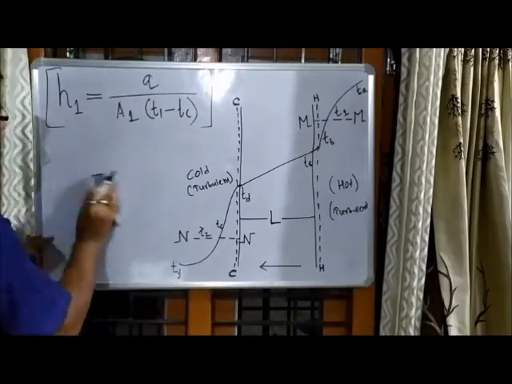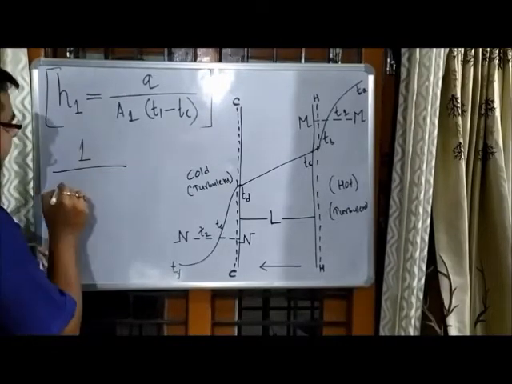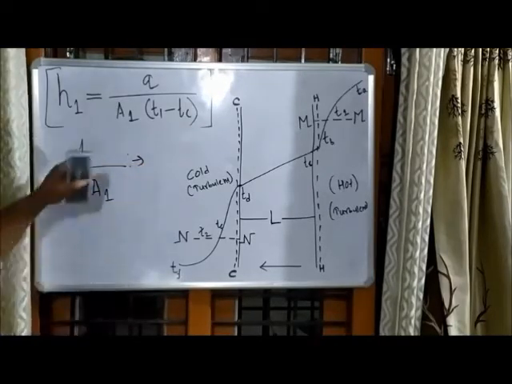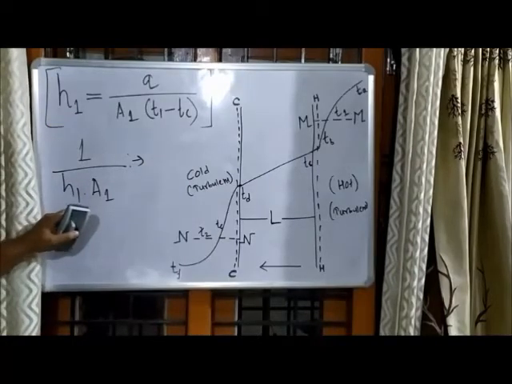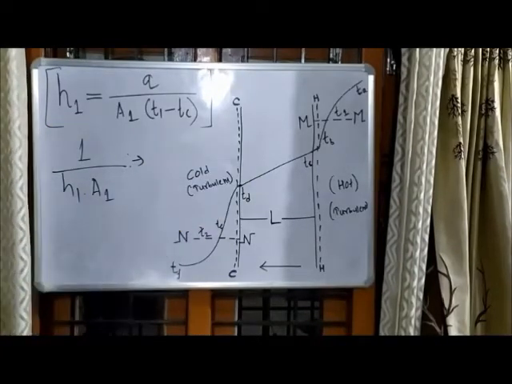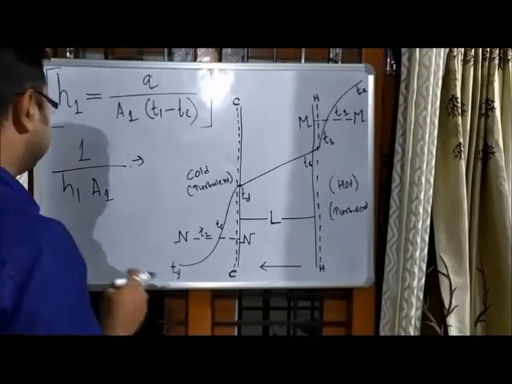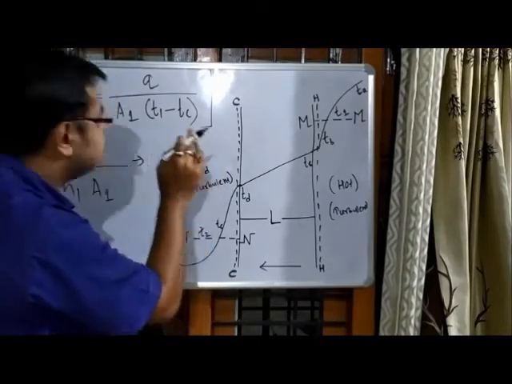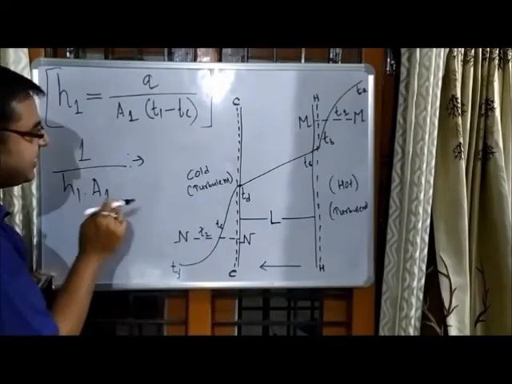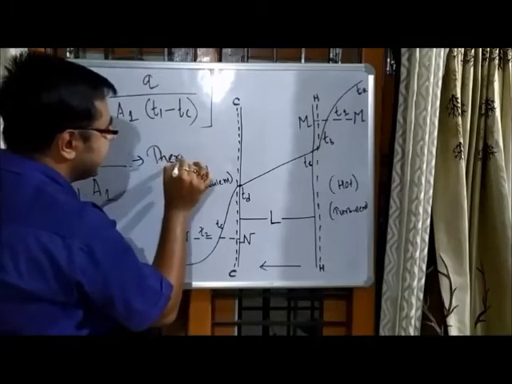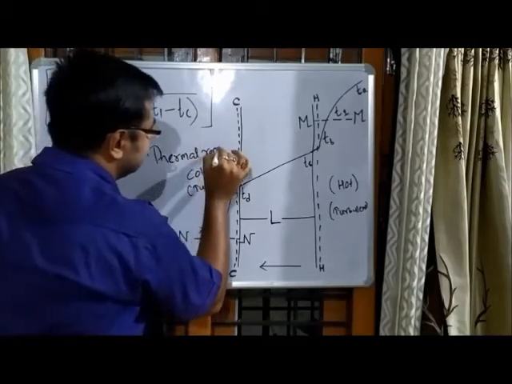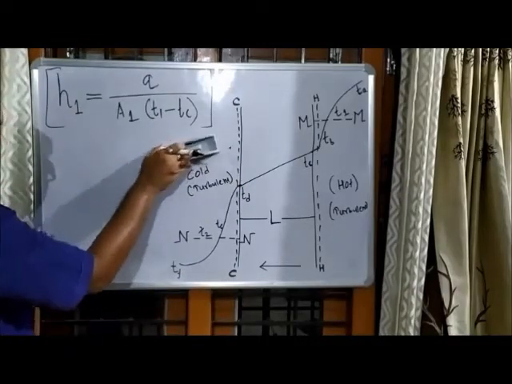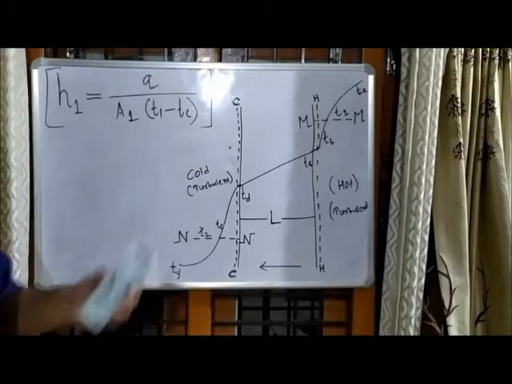So 1 by H1 into A1, that is the inverse of the film coefficient multiplied by the area, is also known as the thermal resistance. I repeat, the inverse of the film coefficient multiplied by area is known as the thermal resistance. So this is for the film coefficient on this hotter side.